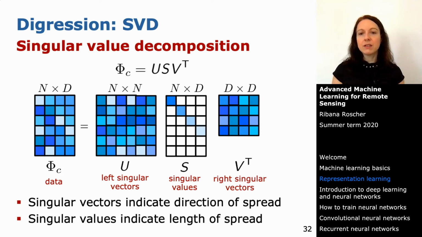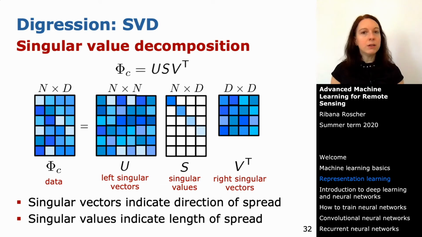The singular vectors indicate the direction of the spread, and the singular values indicate the length of the spread. So if you have a lot of data and you do a singular value decomposition of your data, you can immediately interpret what the singular vectors and the singular values show you.